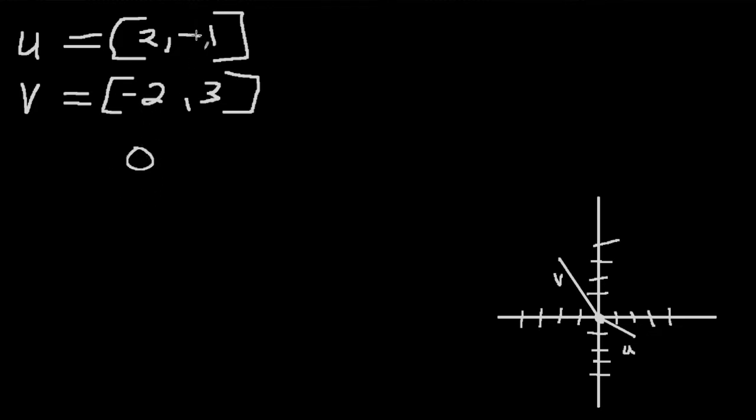And then a -1 plus 3 is going to be 2. So that's going to be u plus v equals that. And if we plot that, it's going to start at 0. It's not going to go over any on the x-axis. It's going to go up 2. So it's going to go about right there. We're going to have just a straight up line that looks just like that.